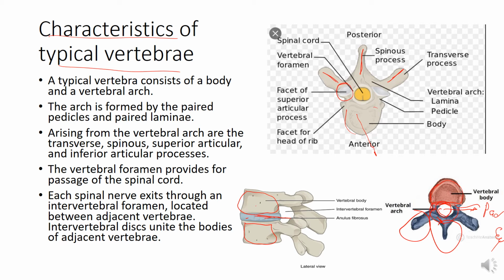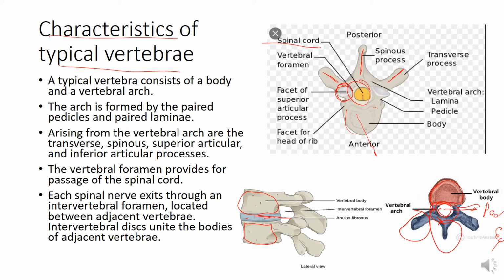The neural arch has four articular surfaces. Two articulate with the vertebra above and two with the vertebra below. So these are the articular surfaces. The vertebral foramina form the vertebral canal that contains the spinal cord. So this is the vertebral foramen in which the spinal cord is lying.